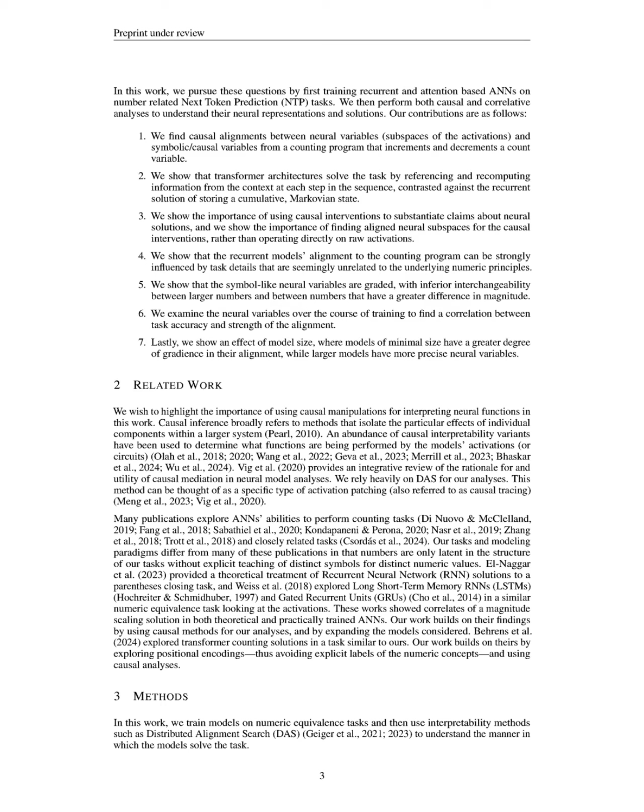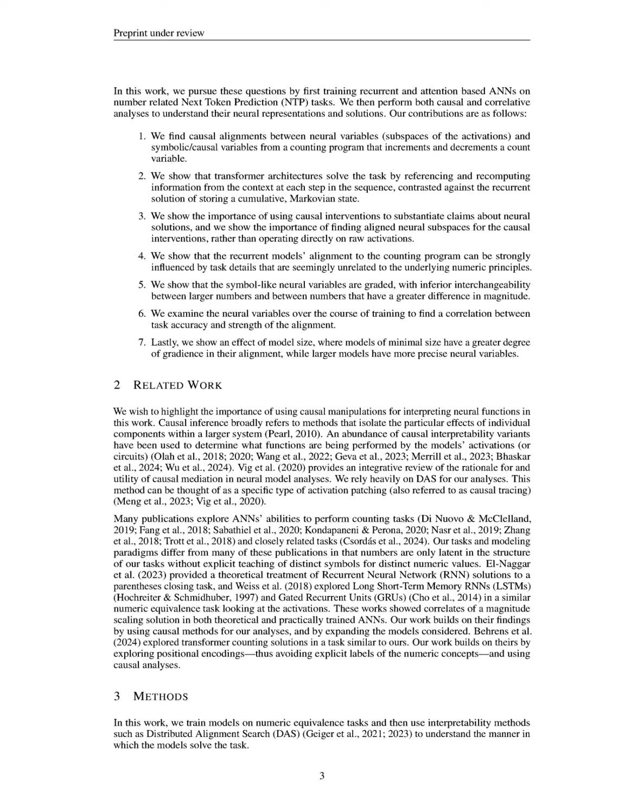This contrasts with previous methods that often relied on correlational analyses, which may not accurately capture the underlying mechanisms of numeric reasoning. Secondly, our approach highlights the importance of task details in influencing model behavior, revealing that seemingly unrelated factors can significantly affect the alignment of neural representations with symbolic algorithms.